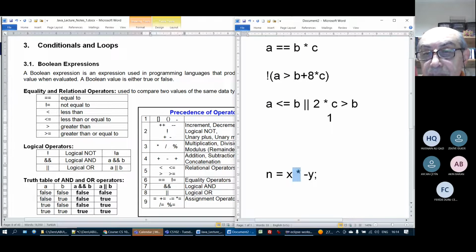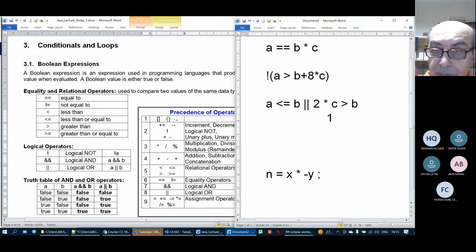Here we have the multiplication operator, and we have unary minus. What happens? First unary minus is performed. We negate the value of y, and then we multiply that by x. Okay. So here this unary minus has higher precedence than this one.